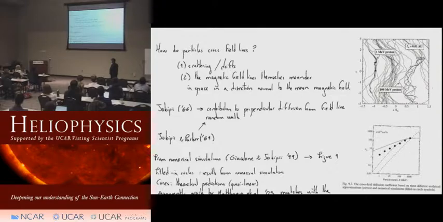They take those particle simulations and try to estimate what K-perp is, okay? So what they do, they look at scattering, at drifts. Maybe the magnetic field lines are not straight lines, they meander. Some kind of turbulence has to kick those particles between one field line and the next, okay? Jokipii and Parker did lots of work about it. And here's Giacalone and Jokipii, this figure is from them.